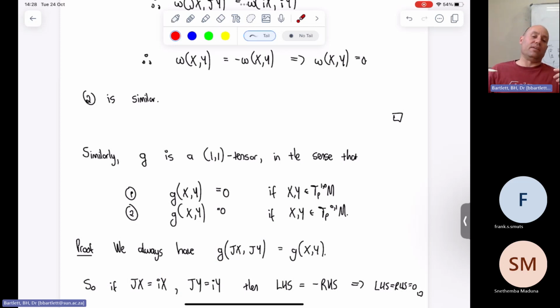And similarly if both were eigenvectors with eigenvalue minus i. So the only way you can get a non-zero answer is if this guy is an eigenvector with eigenvalue plus i, and this is an eigenvector with eigenvalue minus i, because then the i times the minus i will come out as a plus 1 in front. Then I'll just be saying that g of x comma y equals g of x comma y, so there's no contradiction anymore.